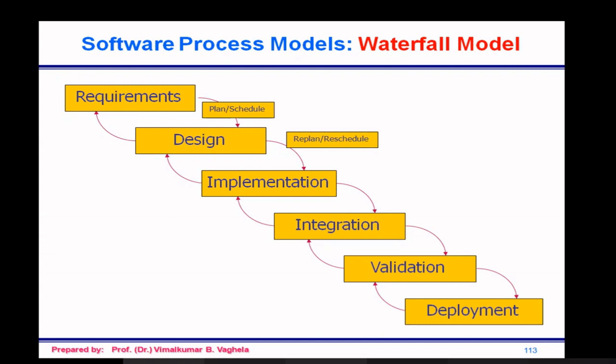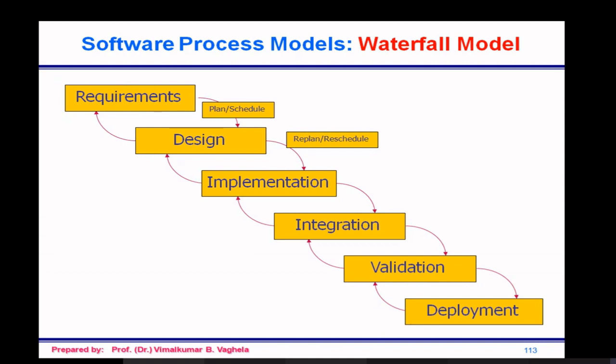So here the different phases are the ones we already discussed during the SDLC, the software development life cycle. The first is the requirements. The requirements we have to collect from the customer as well as from the stakeholders. Once the requirements are collected, they are to be documented.